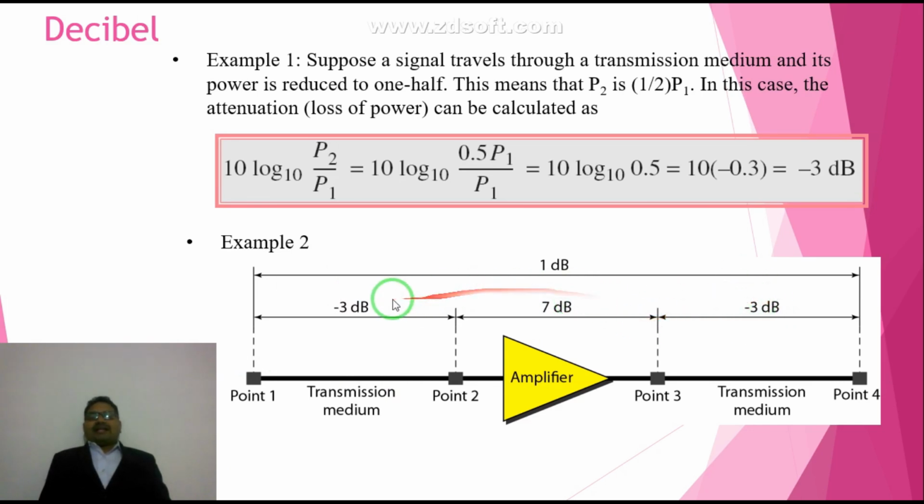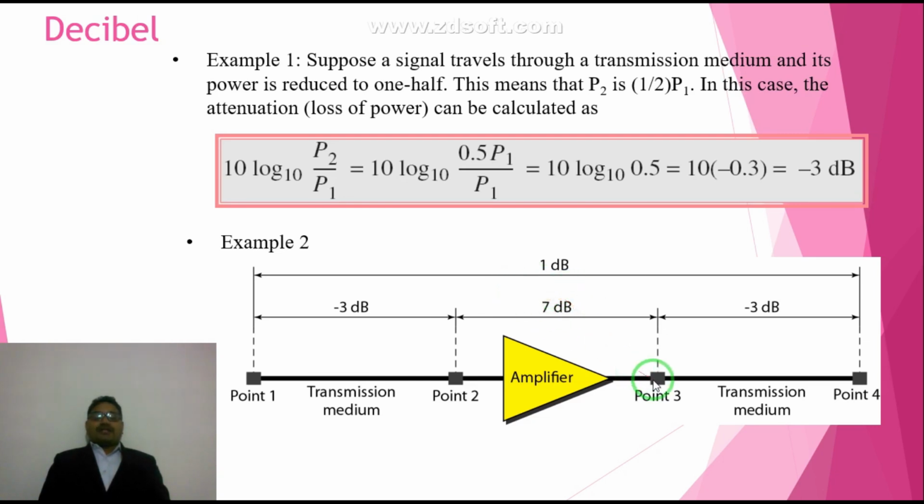So what we can do is find the resultant dB, because we can do the cascading of it. The decibel numbers can be added or subtracted. As you know, from point 1 to point 2 the attenuation is minus 3 dB. At point 2, we use an amplifier, so it amplifies by 7 dB.